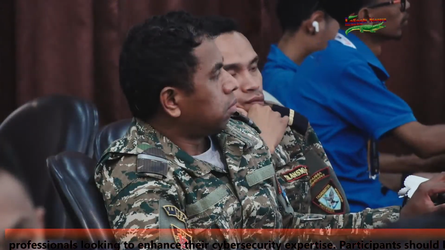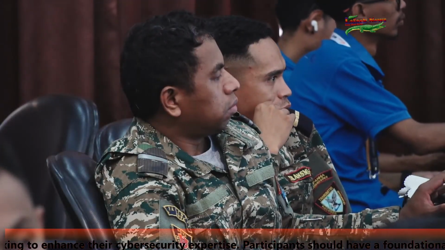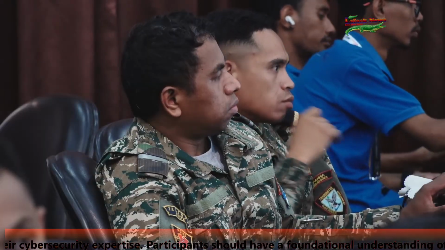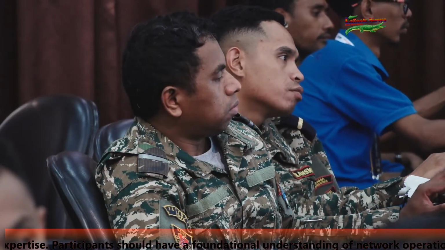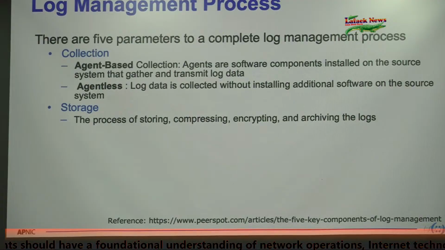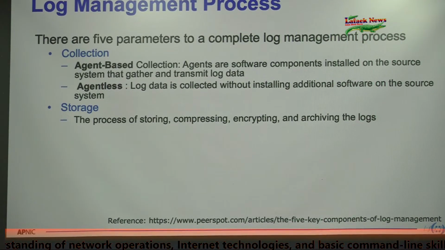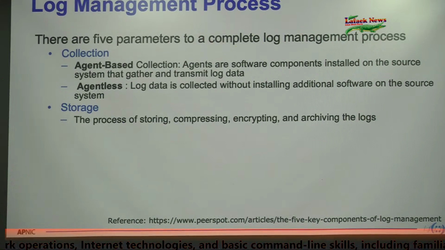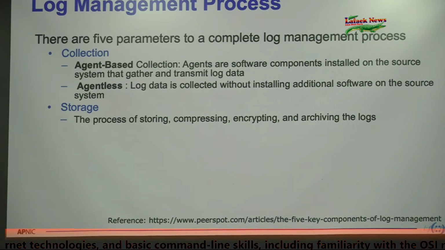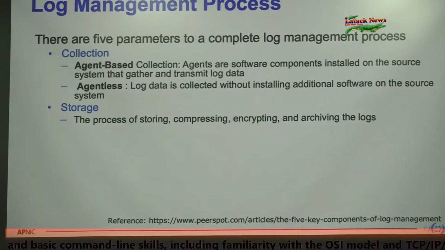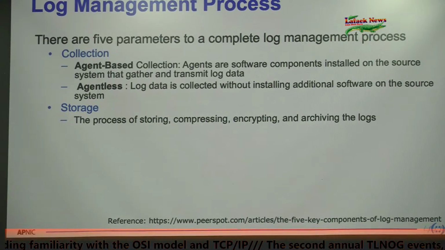The second one is storage, the process of storing the files, compressing, encrypting, and archiving. The log file is a text file, not a binary file. We get a lot of it. But fortunately, log files are very easy to compress.